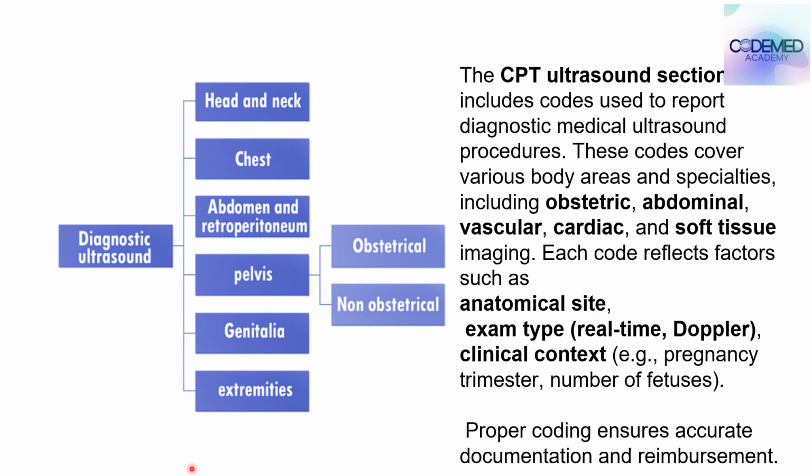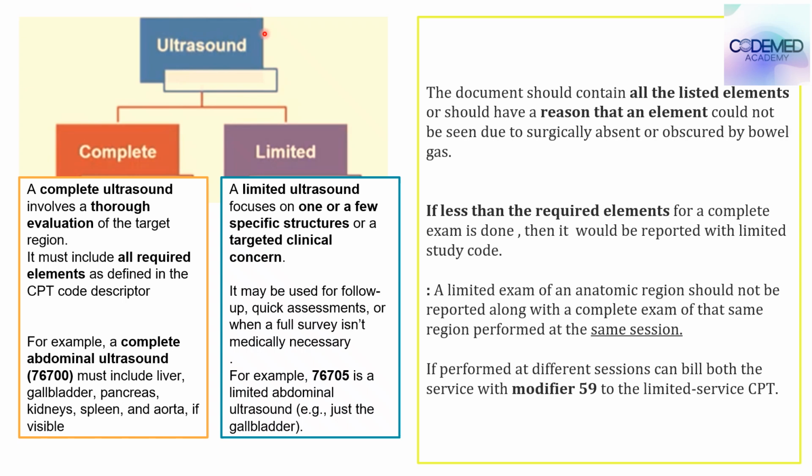So if you see, this is the diagnostic ultrasound, which is divided into different headings like head and neck, chest, abdomen, and pelvic. The pelvic is further divided into the obstetrical and non-obstetrical, and then the genitalia and the extremities. Now, when we talk about the ultrasound, we use the word complete and limited. What does complete mean?